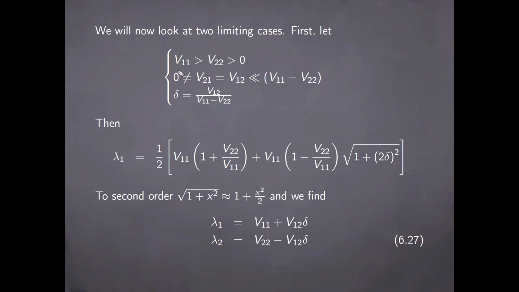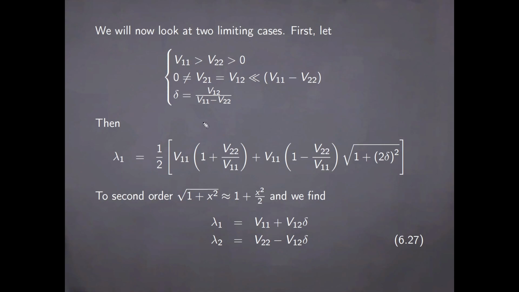For the first limit, we have distinct positive diagonal elements of the matrix V, and we have constant off-diagonal elements that are non-vanishing but much smaller than the difference here. We will use the small quantity delta given by this ratio in order to find approximate formulas for the two eigenvalues.